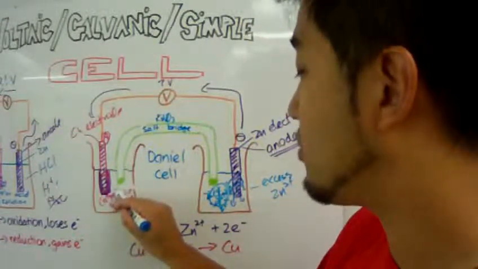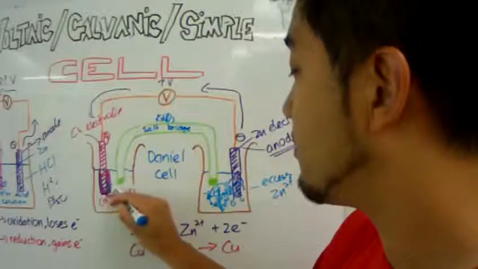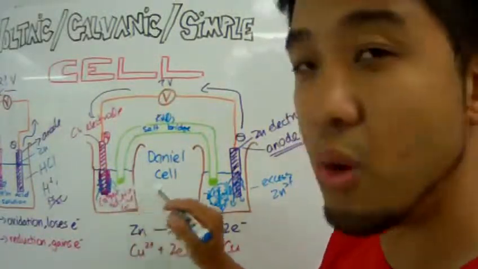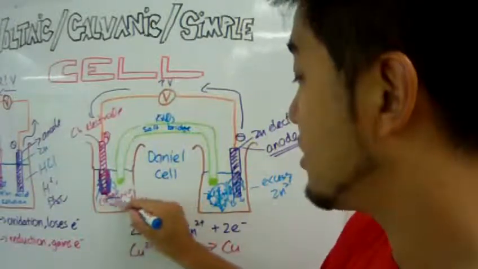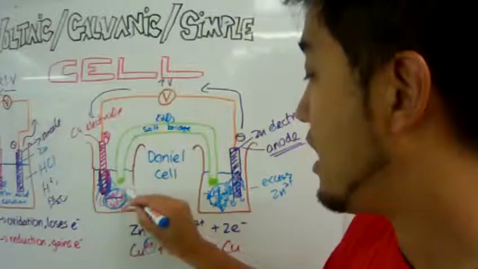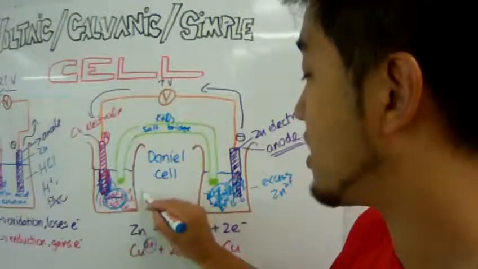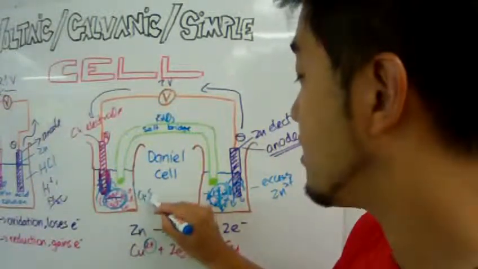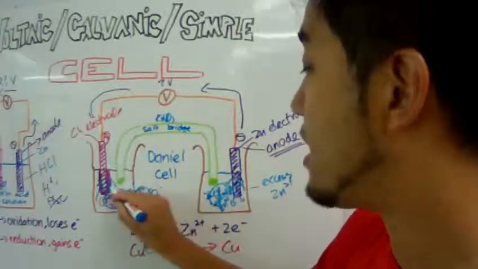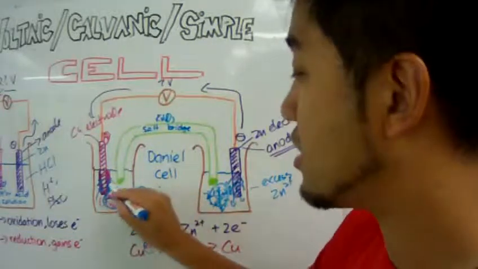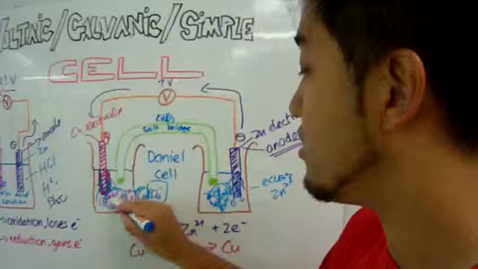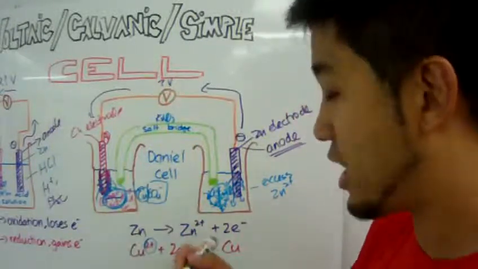The Cu2+ is being plated onto the electrode, so this solution is becoming more negative because you're removing the positive ions, and what you have left is the anion. For example, if this is a copper sulfate solution, the copper ion gets plated to the copper electrode, and you're left with the sulfate. So this whole solution is going to become more negative.